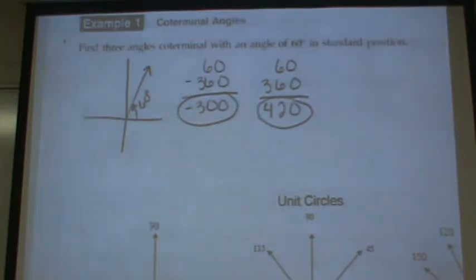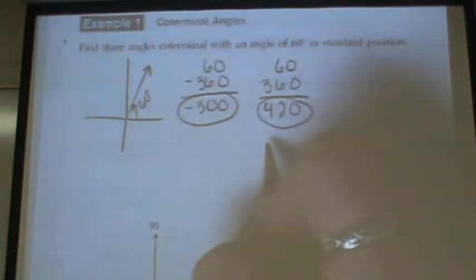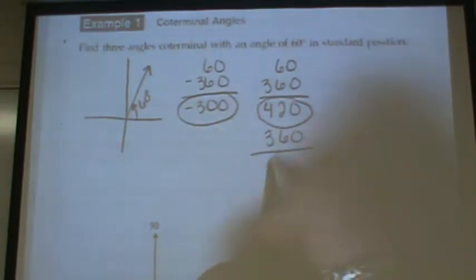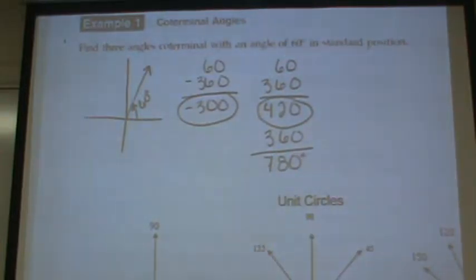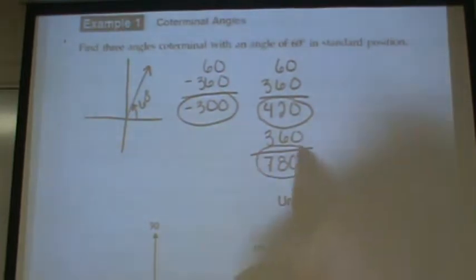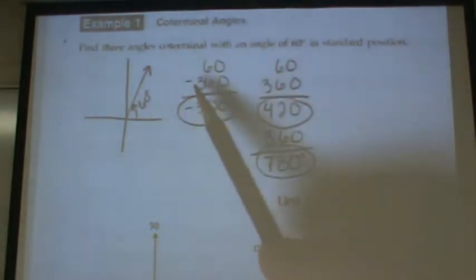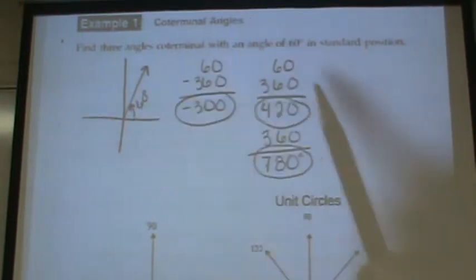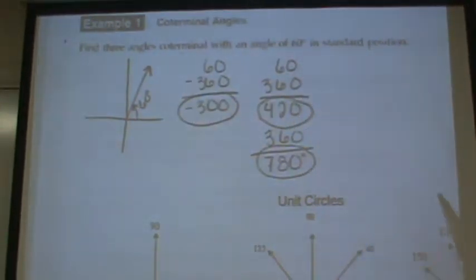That's a coterminal angle. And we need a third one. If we add another 360, that would give you 780, and that is also a coterminal angle. You can either subtract multiples of 360 or add multiples of 360. So those are 3 good coterminal angles.